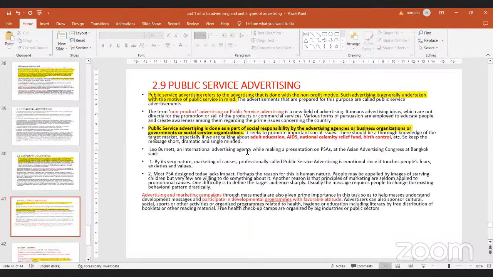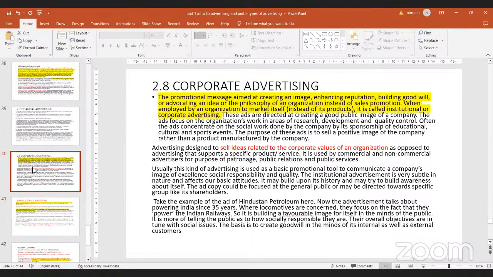When it comes to corporate advertising, it is generally done by organizations to create a positive image or brand image, or to enhance the reputation of their organization, and to promote goodwill among the members of society regarding the organization, or to promote their philosophy instead of sales promotion.